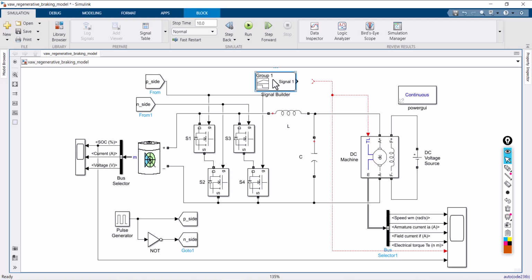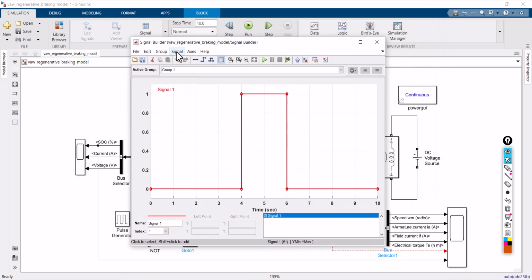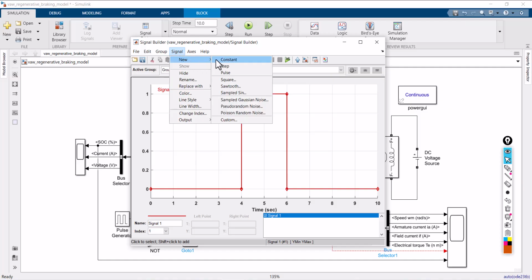Go to signal builder, go to Signal, go to New. See what the use of signal builder is. You can create any kind of signal: constant, step, pulse, sawtooth, square, or if you want to generate noise, Gaussian noise, pseudo-random, or Poisson noise, you can do it with the help of the signal builder.